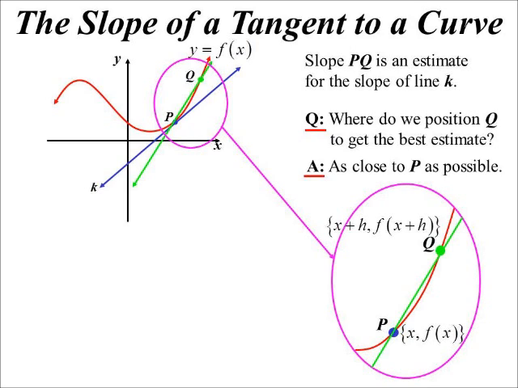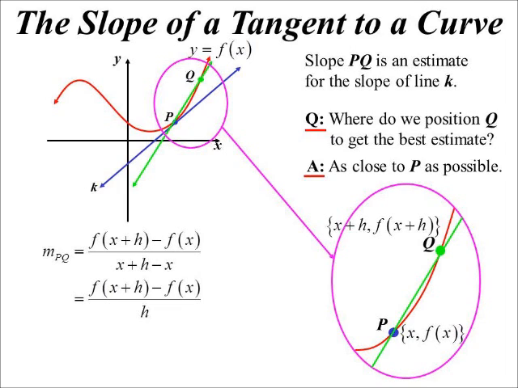The function value then, the y value, would be whatever we get when we substitute in x plus h into the curve. So our slope would be function x plus h minus function x over x plus h minus x, which just leaves us with h on the bottom. And there's our problem. If we make it equal to 0, we end up with 0 on the bottom of the fraction. This is where our idea about limits is going to make life a bit easier.